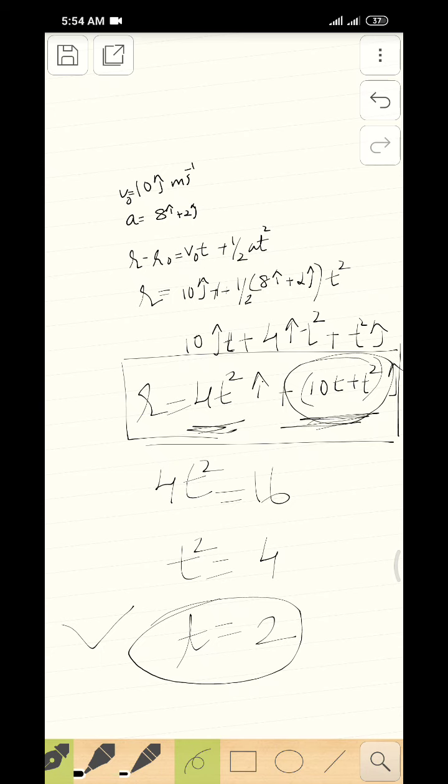Suppose you want to find the acceleration at some other time, say 3 seconds or 5 seconds, then again you have to substitute the value of t as your required time. Here in this question the time is for the x coordinate value 16. So we found t as 2 seconds, so we are finding the acceleration and the velocity at the time of 2 seconds.